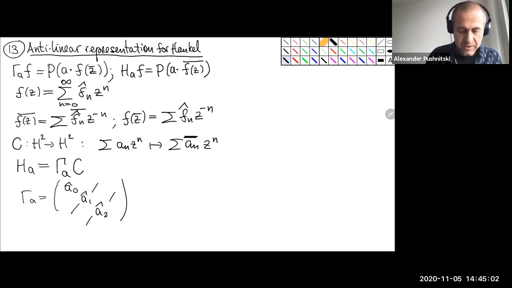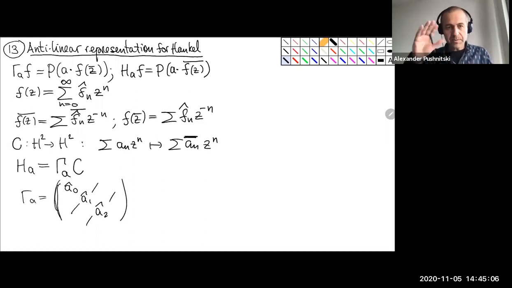So this matrix is symmetric, right? It's not Hermitian, of course, but it's symmetric with respect to transposition. So taking the adjoint of this matrix is the same as just putting bar over all coefficients of this matrix. It's taking complex conjugation of this.